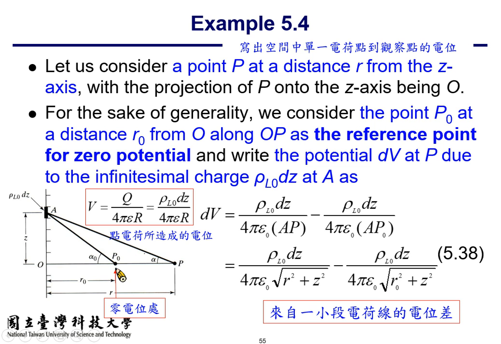And the distances AP and AP sub 0 are the square root of r squared plus z squared, and the square root of r sub 0 squared plus z squared. So we just use the geometric parameters drawn in this plot to form equation 5.38.